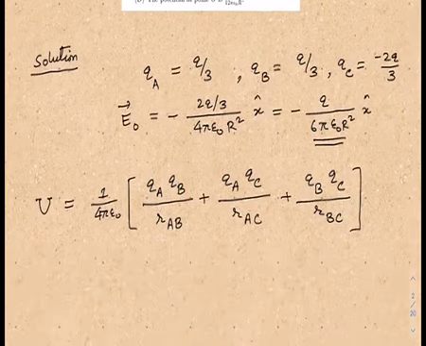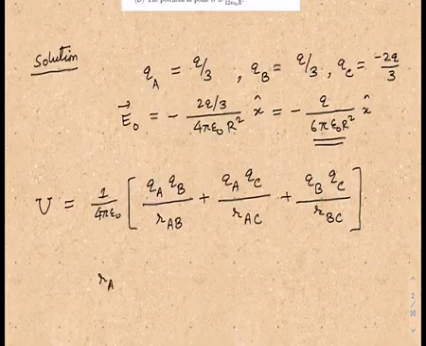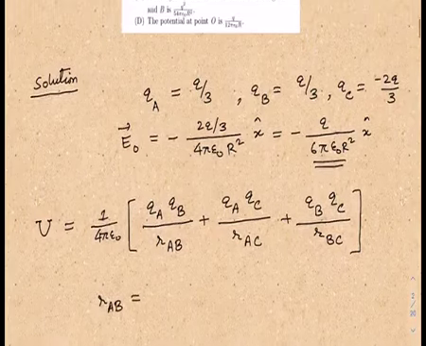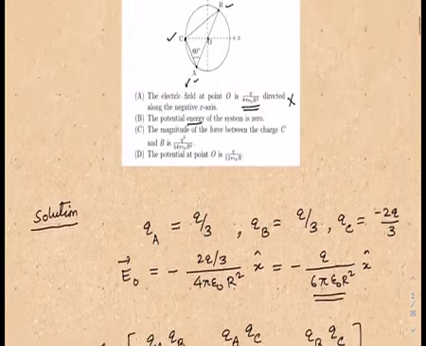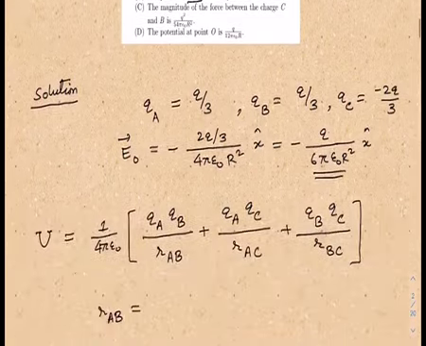Now I know QA, QB, QC, but I have to find out RAB, RAC and RBC. RAB, the distance, this is the radius, so it is simply twice r.